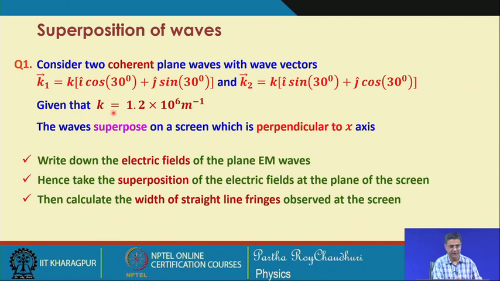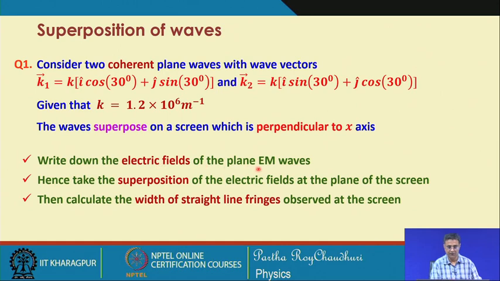Given that k equal to 1.2 times 10 power minus 6, this is the propagation vector, the waves superimpose on a screen which is perpendicular to the axis. Please see that this is i cos 30 degrees, this is i sin 30 degrees, j sin 30 degrees, j cos 30 degrees. So, they are just opposite. We will have to look at the configuration, how the waves are incident on the screen.